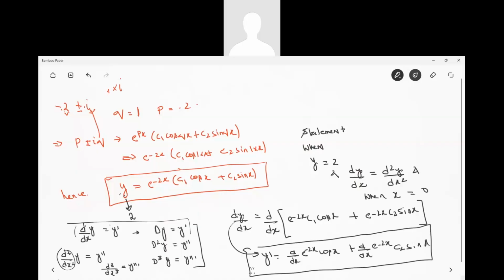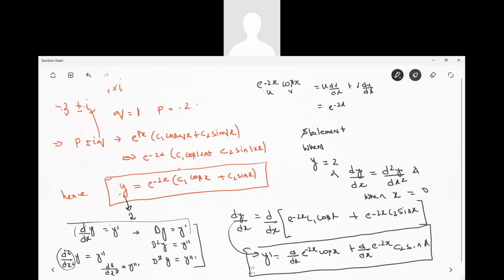So if you differentiate e power minus 2x with cos x, what is the value? How do you differentiate e power minus 2x and cos x? It's a simple rule, the UV rule of differentiation. So u into dv by dx plus v into du by dx, right? What you have taken is e power minus 2x, so write e power minus 2x dv by dx.